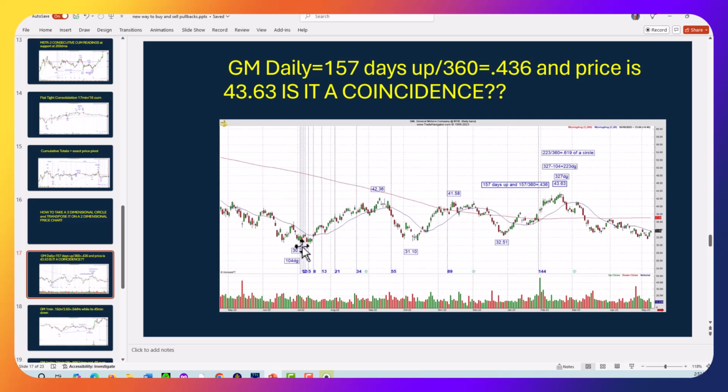This move is 157 days. Now, if you divide that by a 360-degree circle, you end up with 0.436. Now, that doesn't mean all that much until we see that the price action, the high is 43.63. Is that a coincidence?